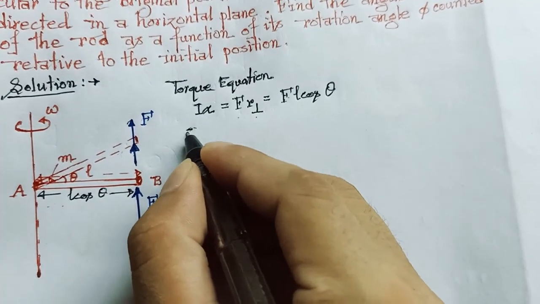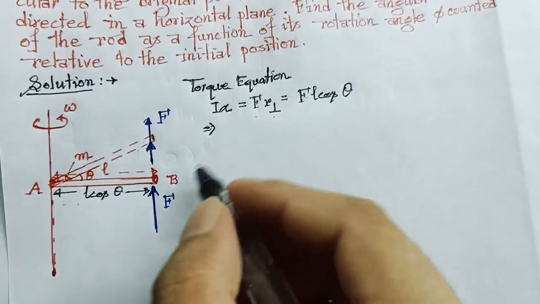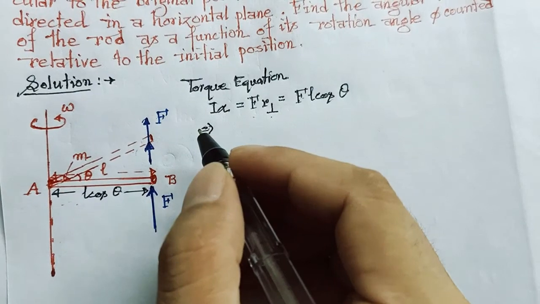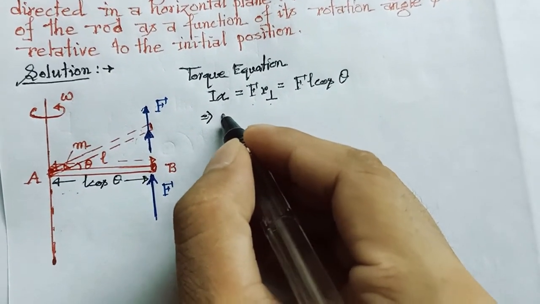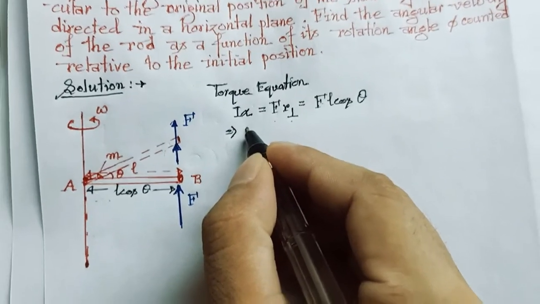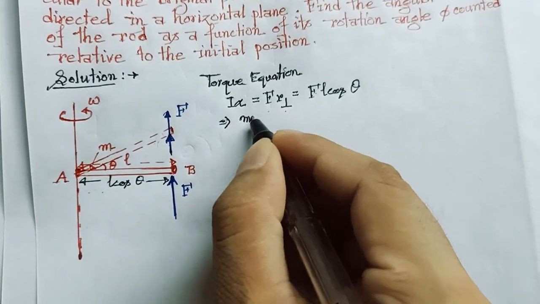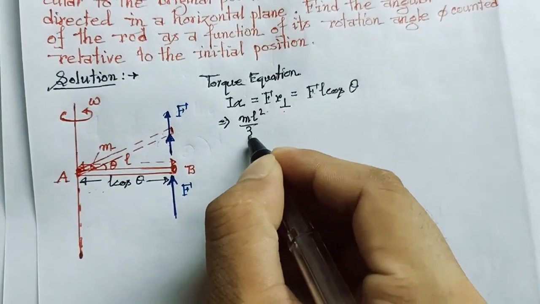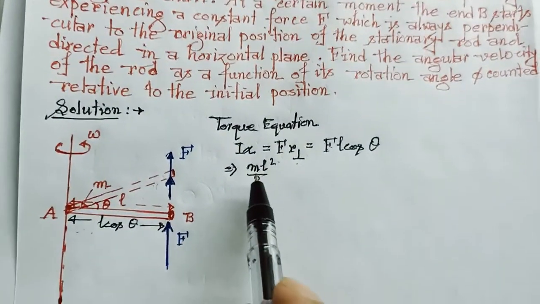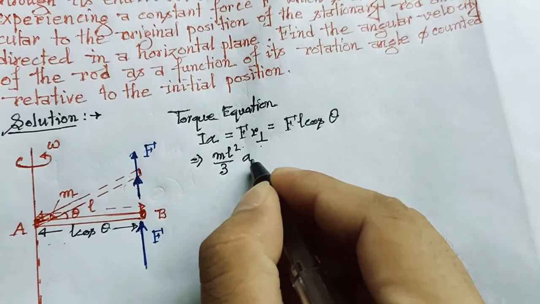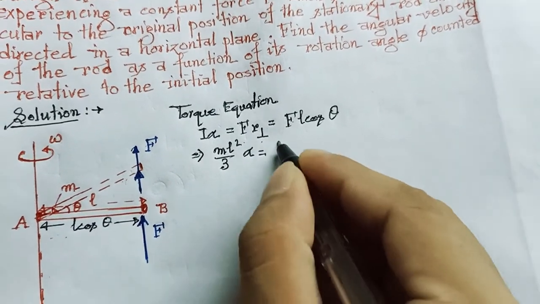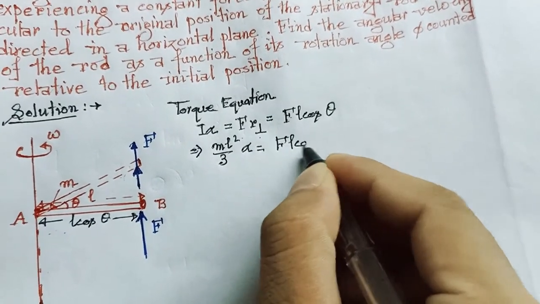Now the moment of inertia for the rod when the axis is passing through one end is equal to mL squared divided by 3, where m is the mass of the rod and L is the length of the rod, times alpha will be equal to FL cos theta.